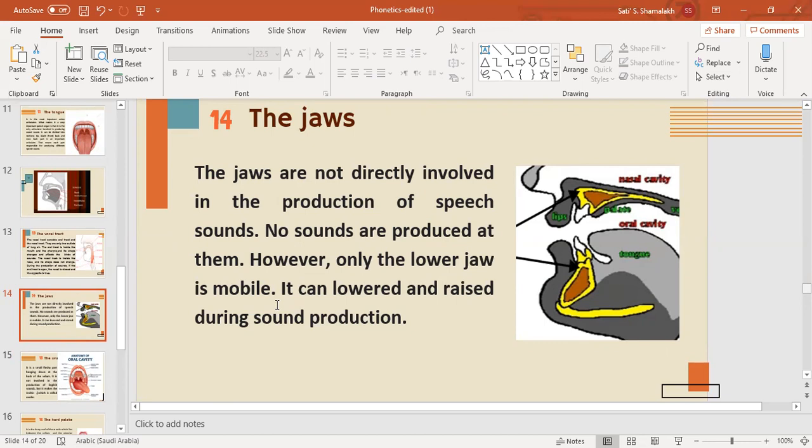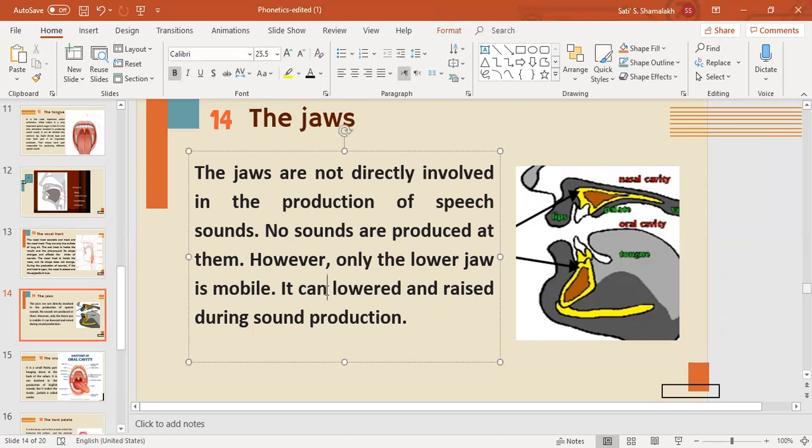So the lower jaw moves. It can be lowered and raised during the production.